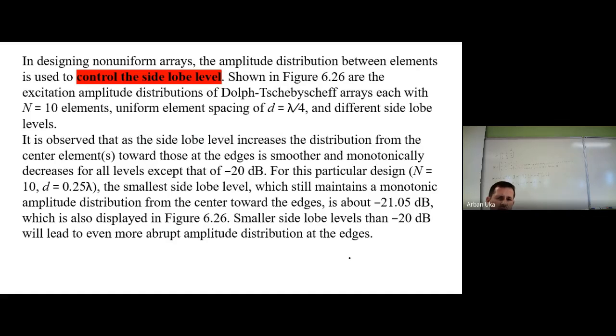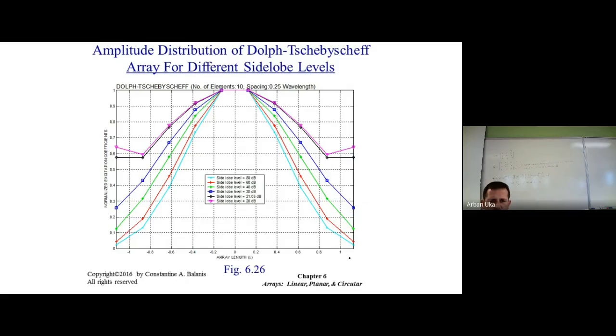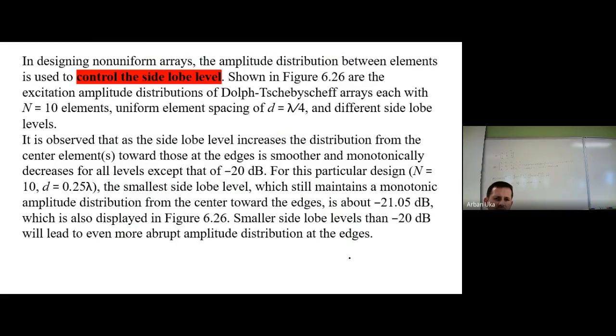This is figure 6.26, and this gives the excitation amplitude distribution for Dolph Chebyshev arrays, each with a specific number of elements and at a specific distance as a function of the wavelength.